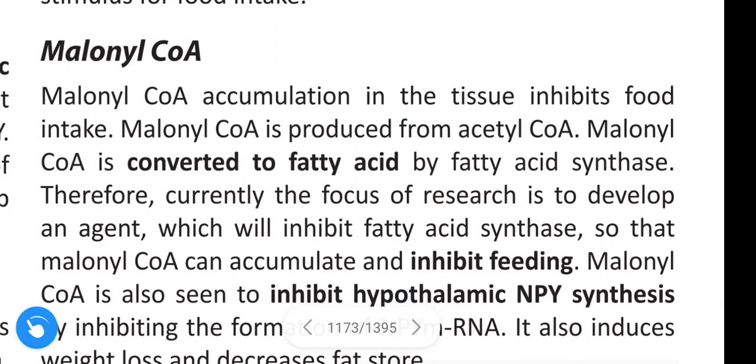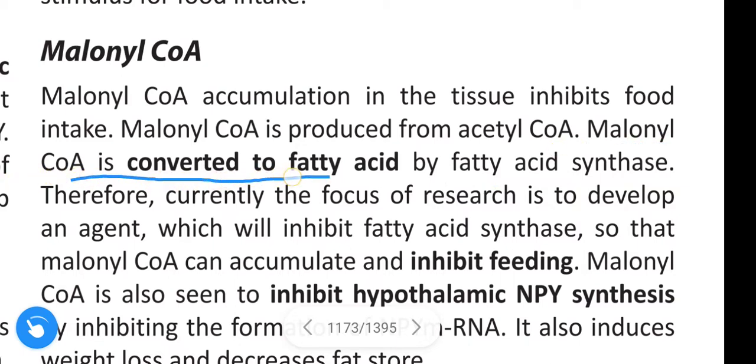Next metabolic factor is malonyl-CoA. Malonyl-CoA accumulation in the tissue inhibits food intake. Malonyl-CoA is produced from acetyl-CoA.